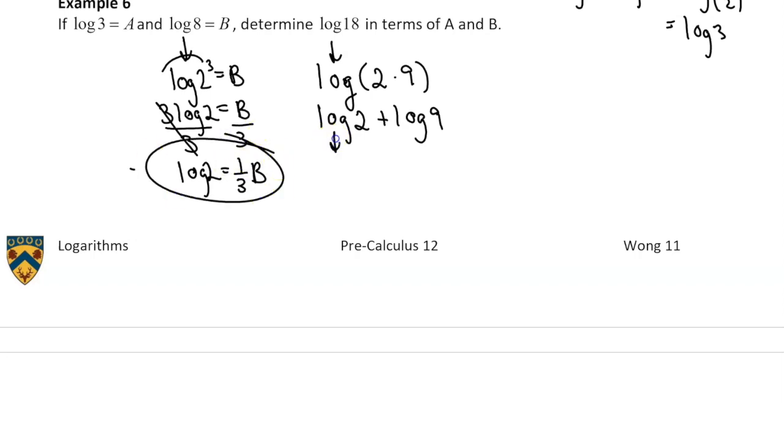So where this says log 2, I can now write 1/3 of b. And I've expressed that in terms of a's and b's, or b's in this case.